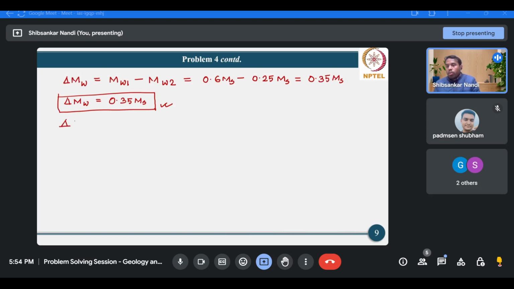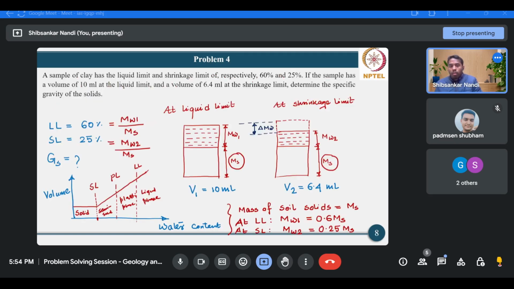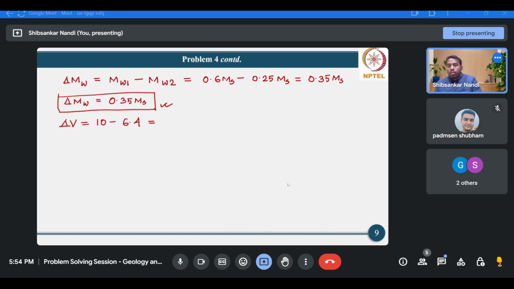The change in total volume is nothing but V1 minus V2, that is 10 minus 6.4, which gives 3.6.